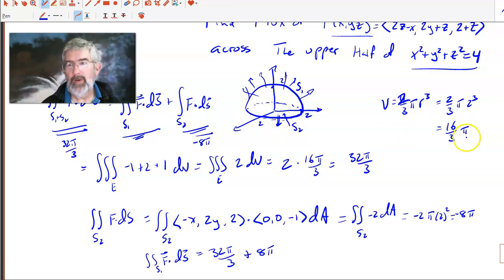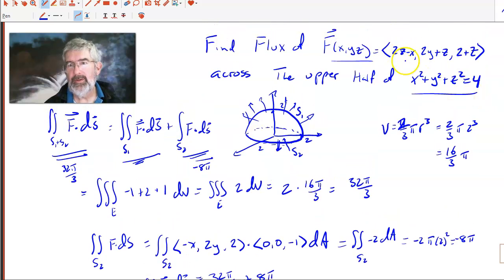So if we could have recognized this vector field as the curl of some other vector field, then we could have just done that integral over a different surface and said, well, that's the answer. However, I can rightfully say that this is not the curl of any other vector field because I know that the divergence of a curl is always 0, and yet the divergence of this vector field was 2. So I can't use Stokes' theorem and the independence of surface.